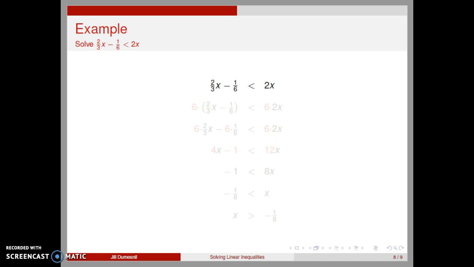Solve the inequality 2/3 x minus 1/6 less than 2x. Not only do we have extra fractions in the problem, we also have x terms on both sides of the inequality.